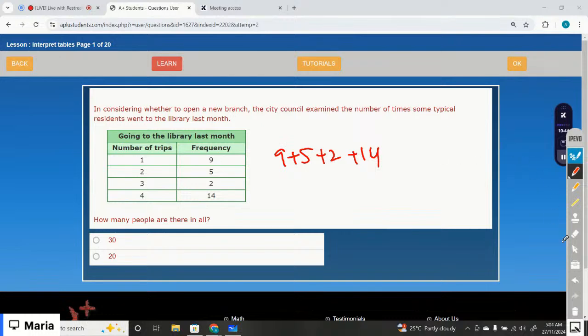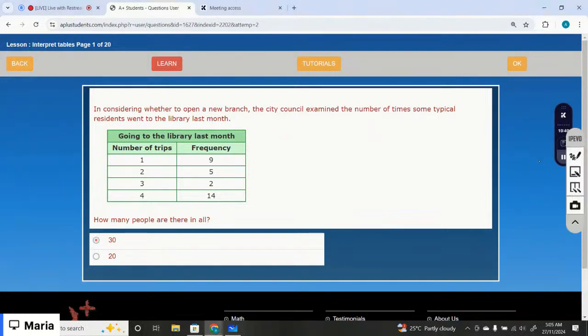Option number 1 is the correct option. The sum of all the values is that.